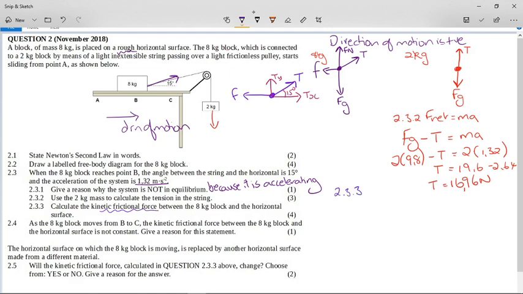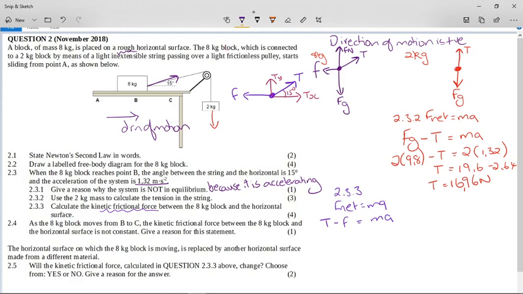We will just use Newton's laws again, and we will say F net equals ma. And what forces are there in a line with friction? We said direction of motion is positive, so T minus friction is going to be equal to ma.